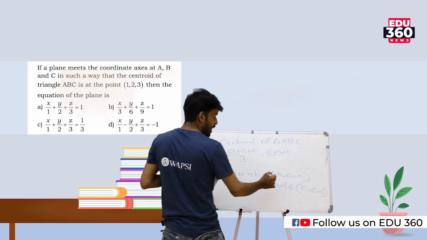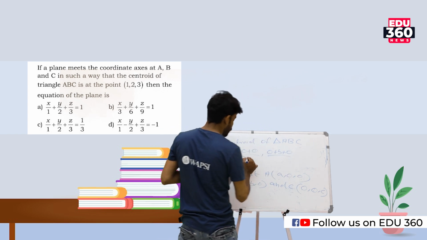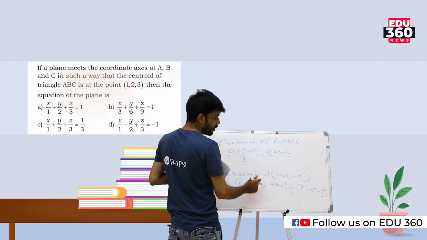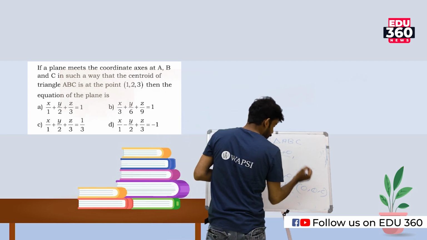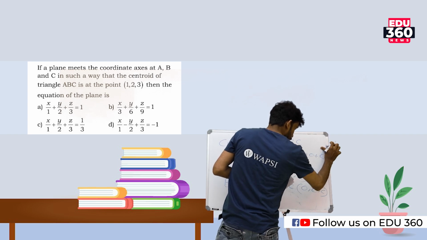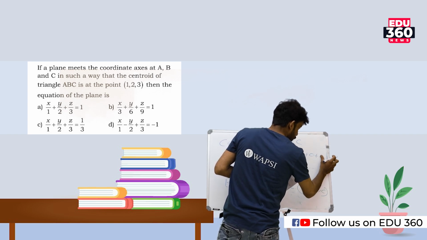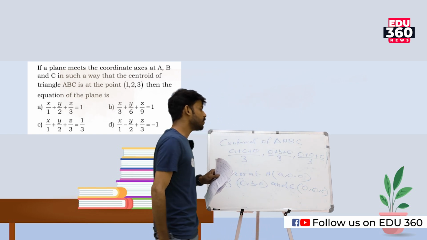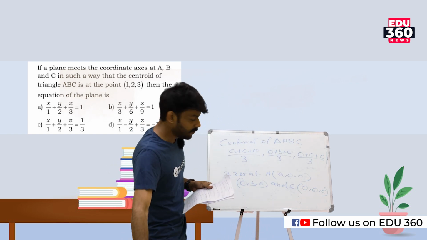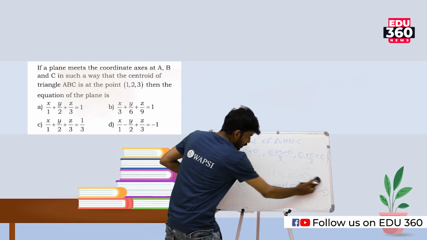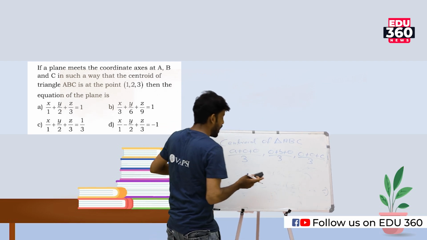So for the first one, A plus 0 plus 0 divided by 3, that is A by 3.